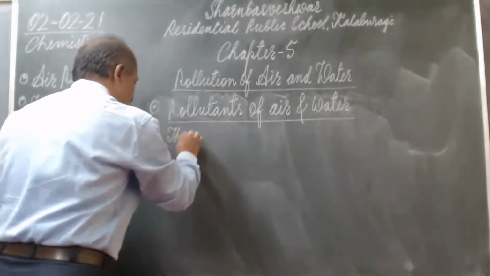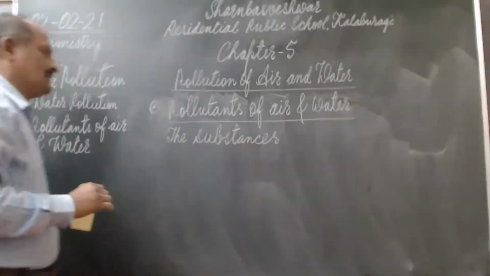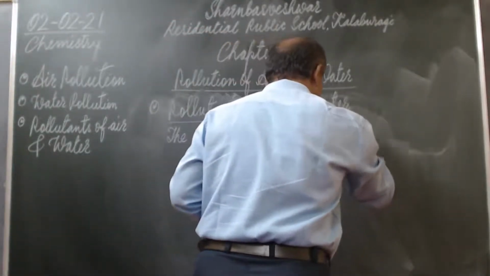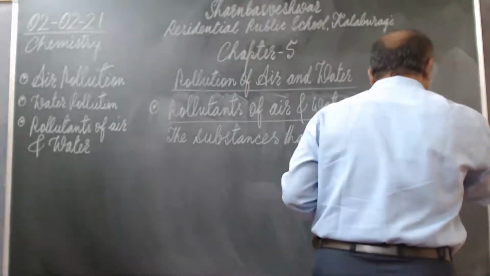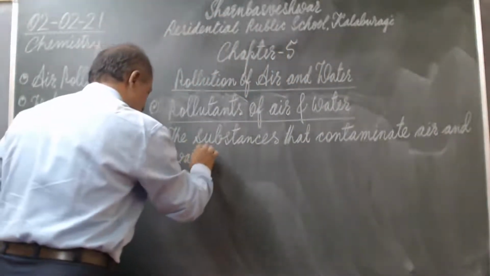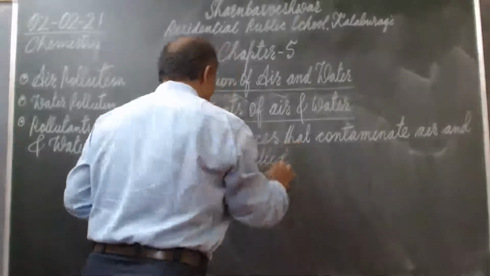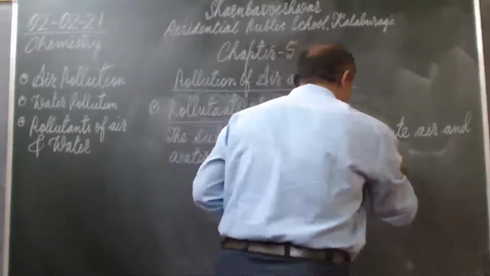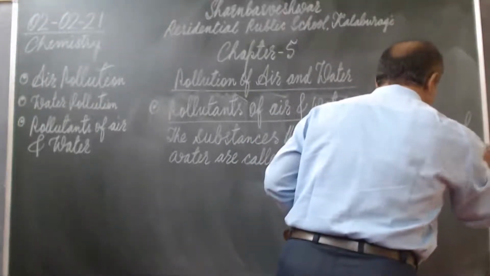The substances that contaminate air and water are called pollutants of air and water.